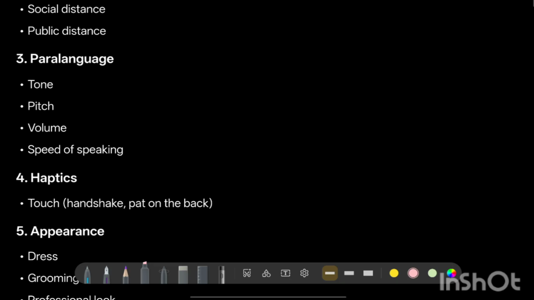So the tone is really important. I mean, whether you're talking in a bad tone, a polite or soft tone, or a moody tone. The tone defines you, this is called paralanguage. Pitch, I mean, if your pitch is really high, you're screaming, and that person might get irritated. If your pitch is so low that the person cannot hear, that's a problem. The pitch should be medium so that the person is able to hear.